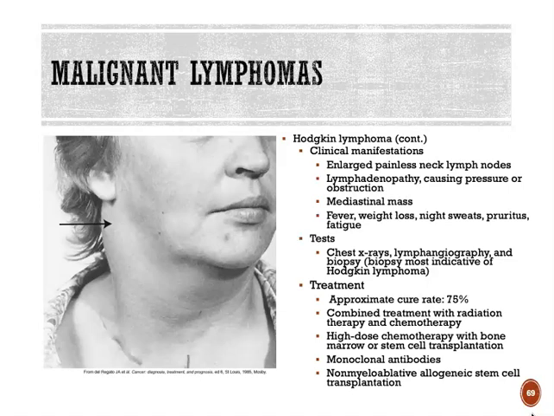And in more advanced cases, we can use high-dose chemotherapy followed by bone marrow or stem cell transplantation. And there are some newer therapies like monoclonal antibodies and non-myeloablative allogenic stem cell transplantation that have been really promising.